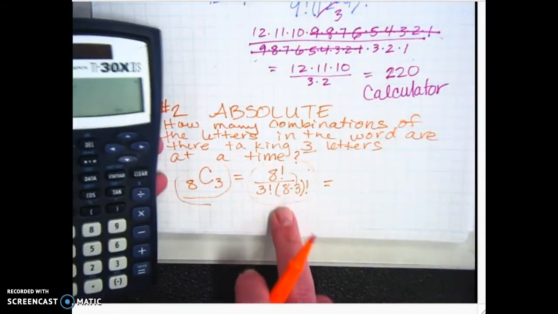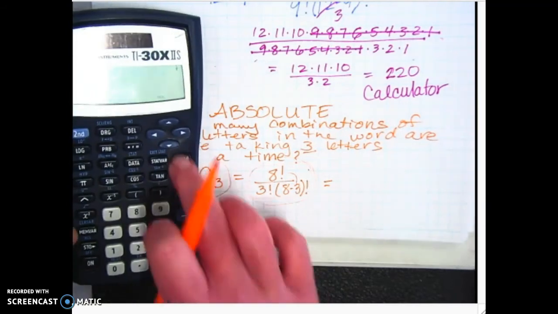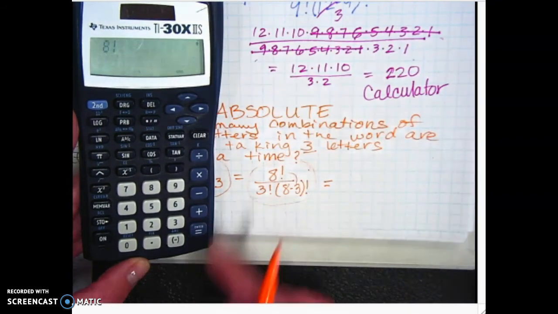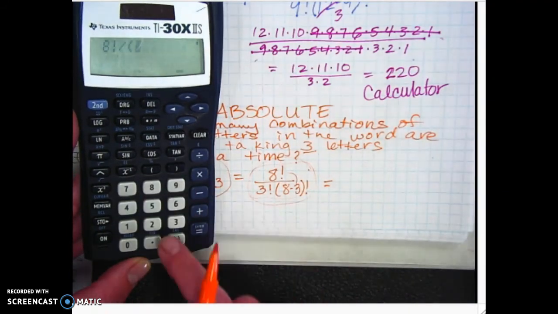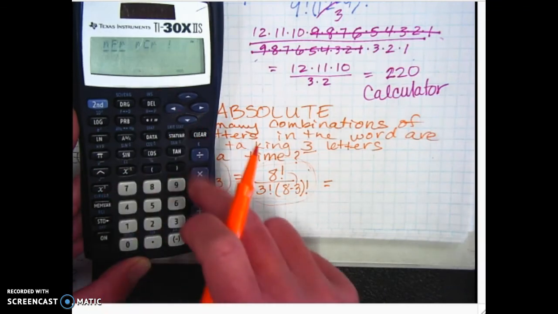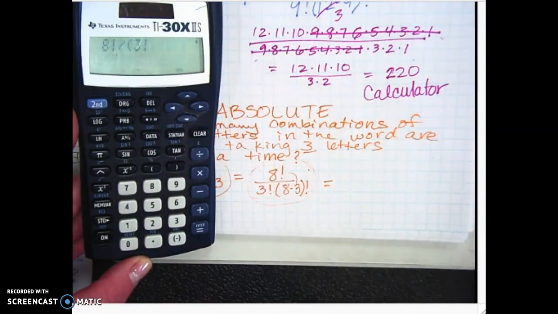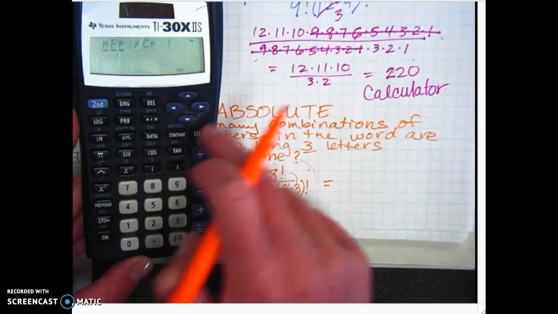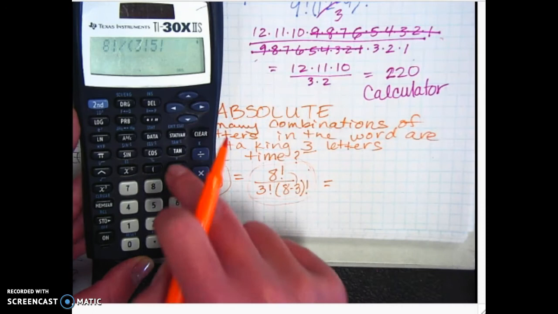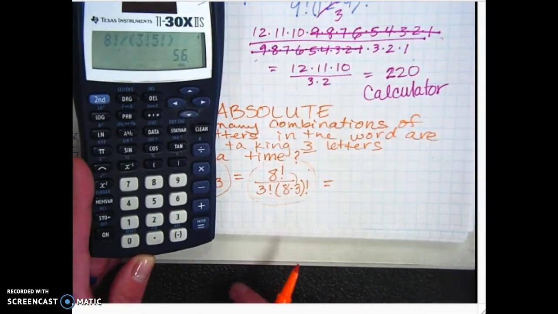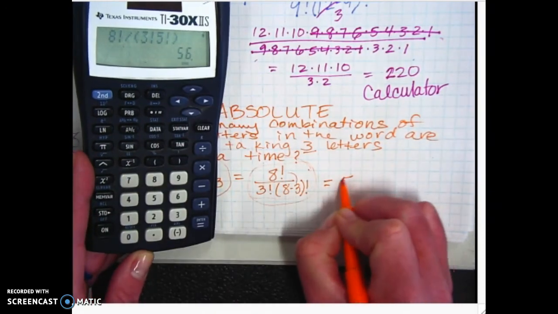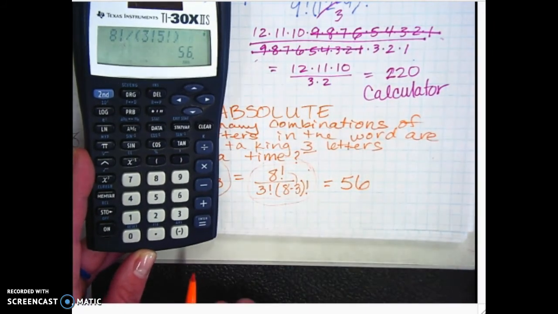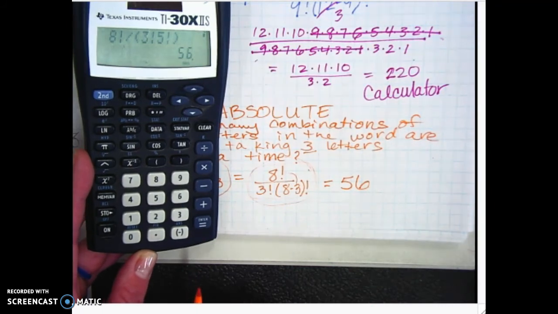So let's do 8 factorial divided by 3 factorial times, and then 8 minus 3 is obviously 5, so 5 factorial. Hit the equal sign, and it gives you 56. Any questions on number 2? We're good? All right, one more.